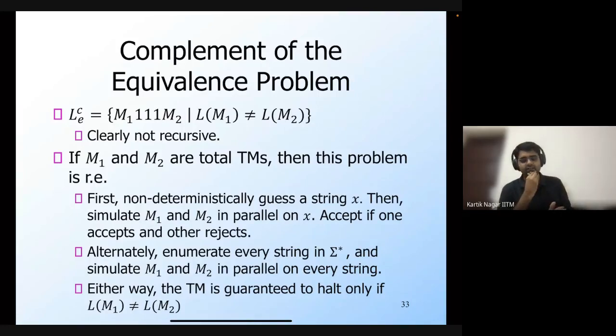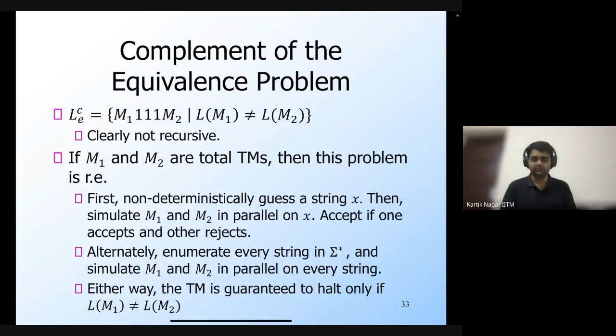Notice that since this is a non-deterministic Turing machine, if the language of M1 is not equal to the language of M2, then it is guaranteed that there will be a string x, a correct guess that this machine will be able to make. And if it then simulates M1 and M2 on that particular guess, it will find that one of M1 and M2 will accept, and the other one will reject.